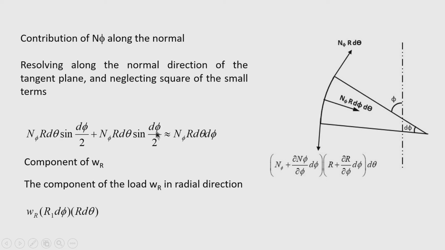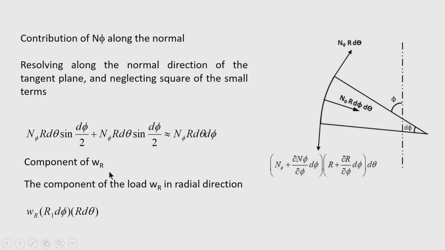So, sin d phi by 2 is nothing but d phi by 2. So, d phi by 2 is a common factor here, and therefore it becomes n phi r d theta d phi. So, we got this component along the radial direction.